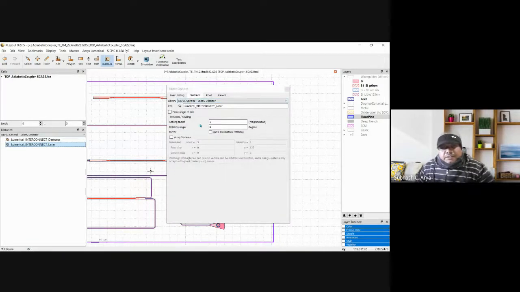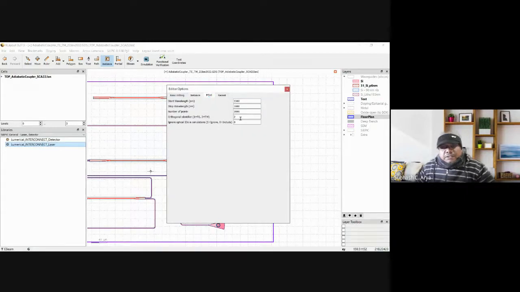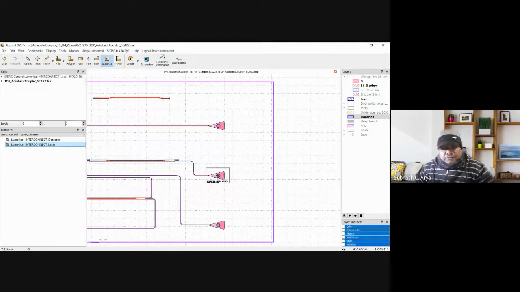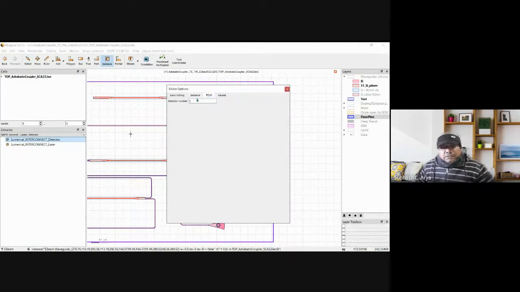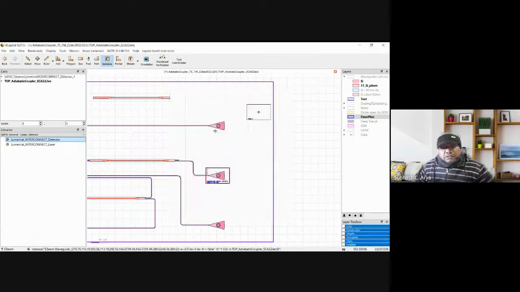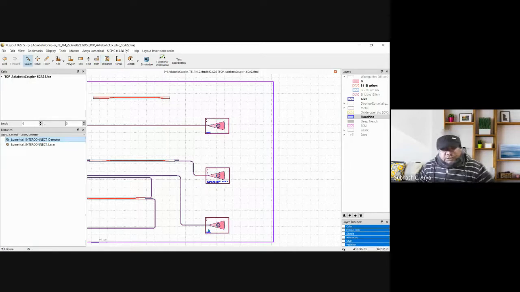This is the user, and go for PC cell, TM mode, and here TM mode light, and go for detector. PC cell, okay, detector 1, detector 2, and this.